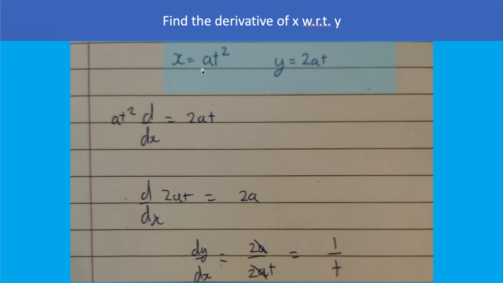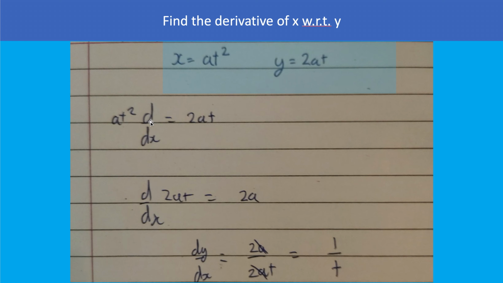So what is the derivative of x? The derivative of at square will be 2at, right? And then you get the same for the derivative of y, which will be 2a. So the top derivative is dx by dt, and this is dy by dt.